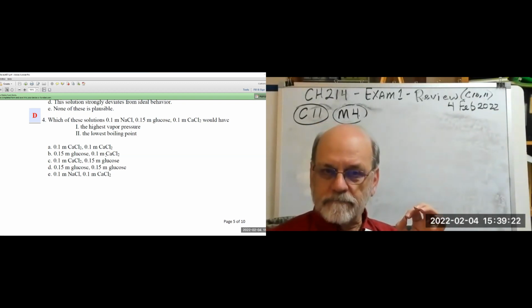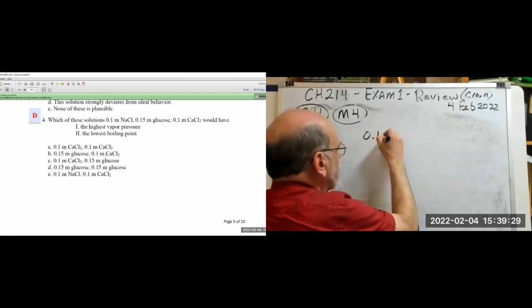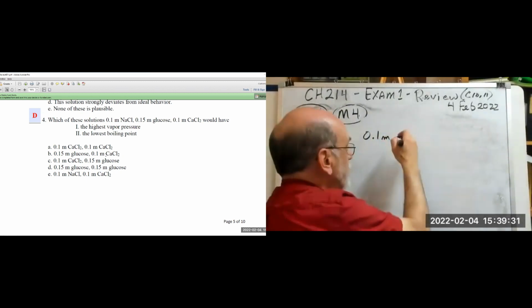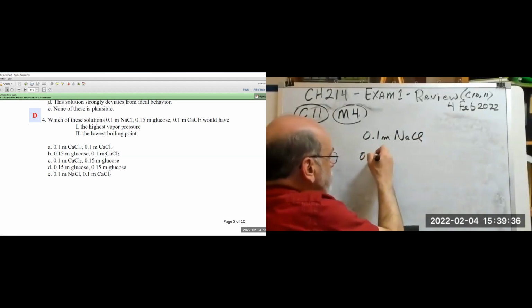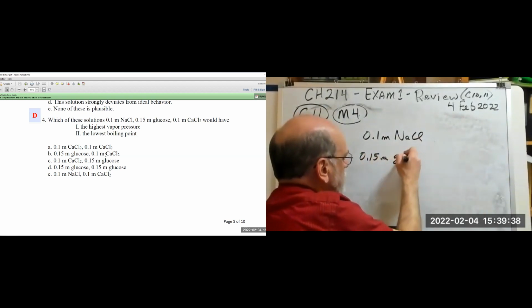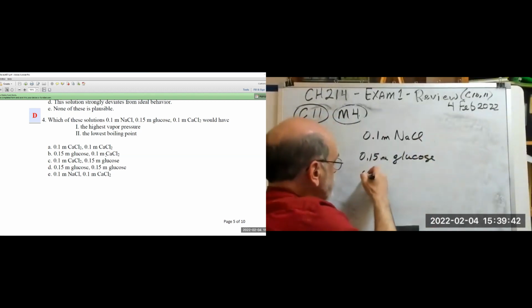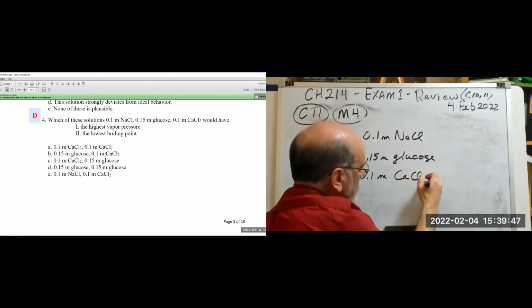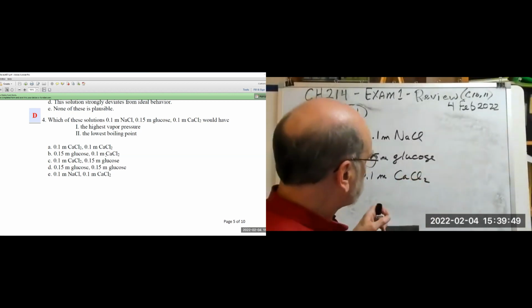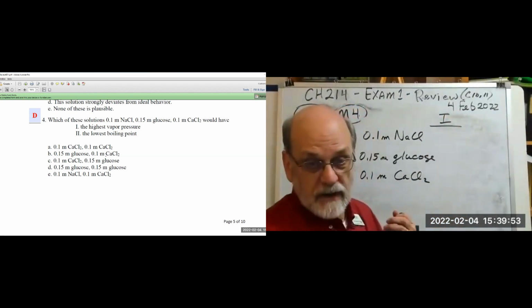So let me write these up here. 0.1 molal sodium chloride, 0.15 molal glucose, and 0.1 molal calcium chloride. So Roman numeral 1 is vapor pressure.